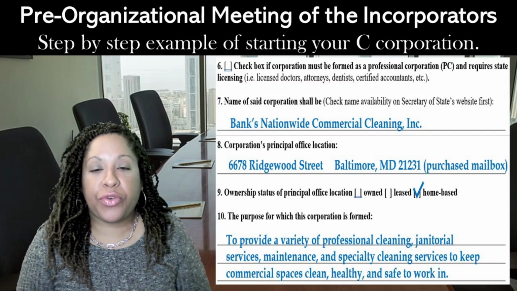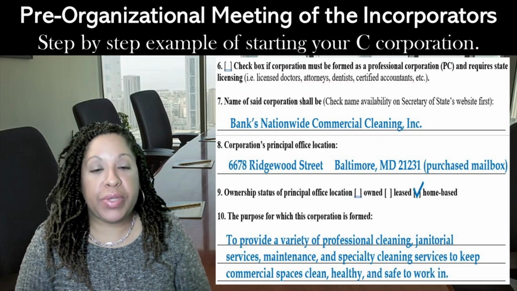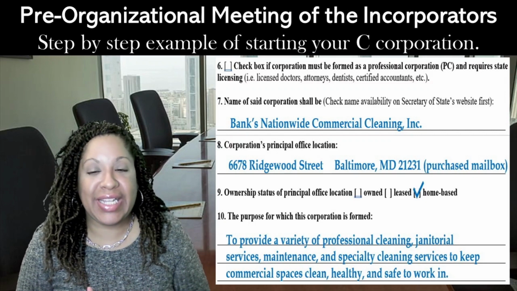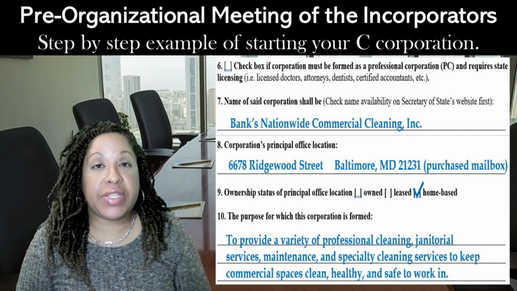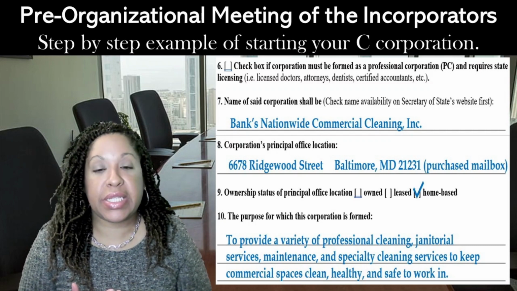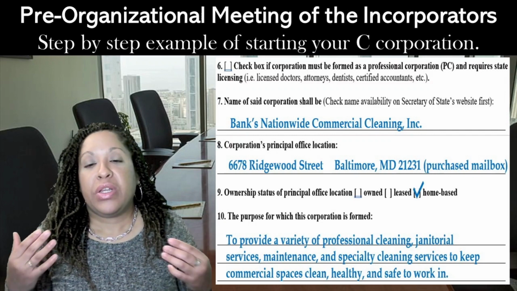Number 10, the purpose for which this corporation is formed. So the purpose is to provide a variety of professional cleaning, janitorial services, maintenance, and specialty cleaning services to keep commercial spaces clean, healthy, and safe to work in.